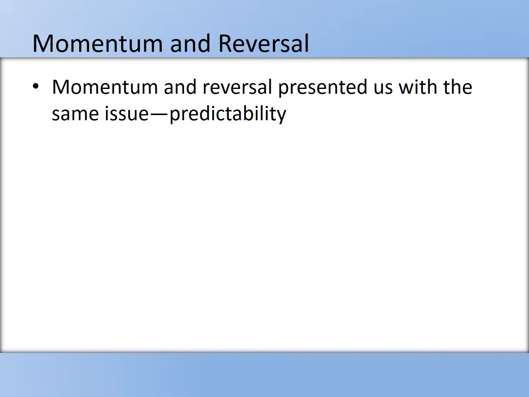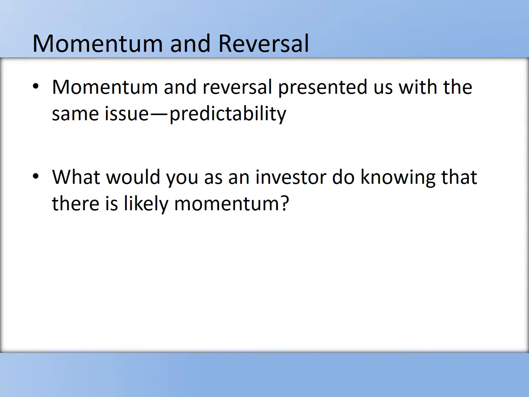So, momentum and reversal presents us with this same issue, namely predictability. As an investor, if you know there is momentum, then you get yourself a sure-win strategy by buying a portfolio of winning stocks and short selling a portfolio of losing stocks.